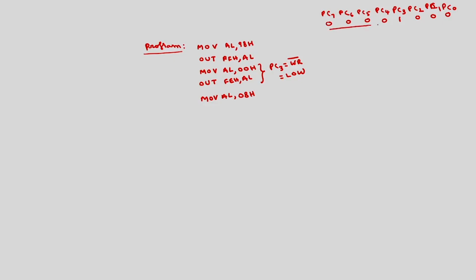This is 0 hexadecimal, this is 8, 08H. Then OUT onto the same port C, FEH. So this will make PC3, which is equal to WR bar, high. So this low to high transition will start the conversion.